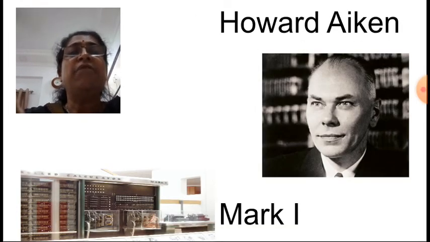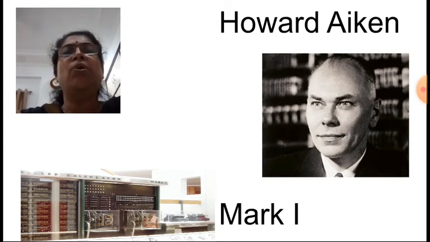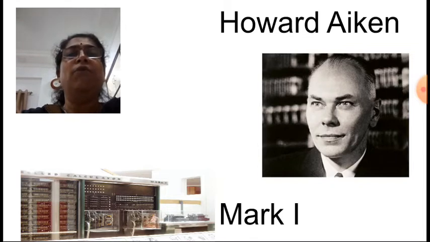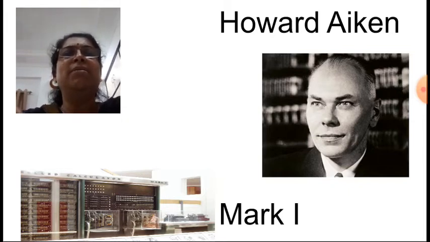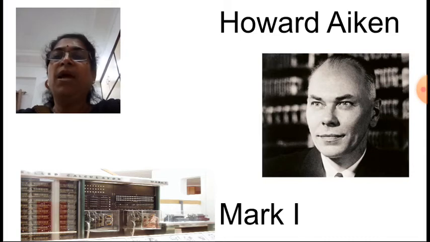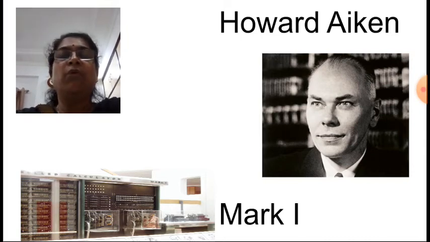So each and every person mentioned here has contributed some important thing towards the development of the computer. Now comes, in nearly 1944, Howard Aiken. He also developed one calculator or computer, as you call it, as it is the beginning of the computer. He developed one machine called Mark 1, the first automatic sequence controlled calculator.